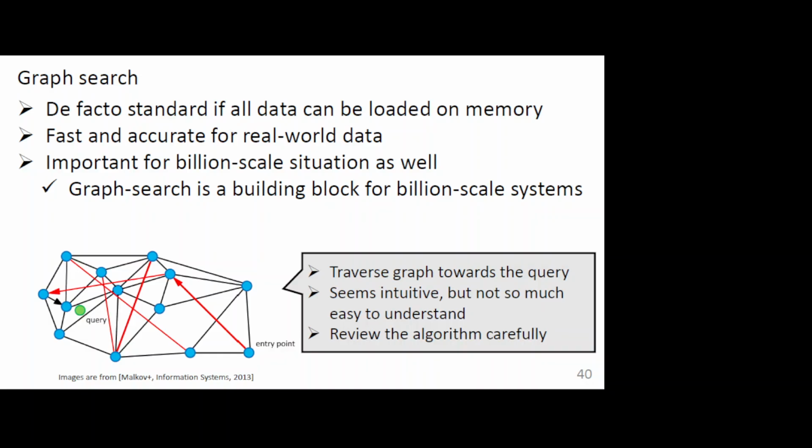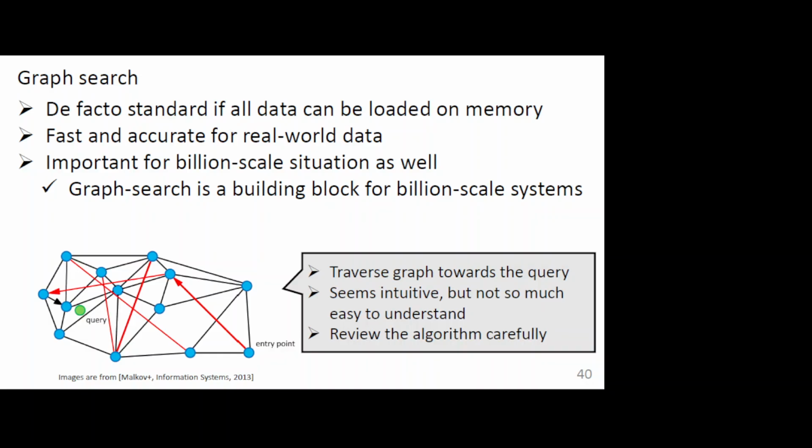But some methods have now been developed that use hardware like SSD, or clustering techniques, or hierarchical clustering, to load billion-scale data into memory. So graph search is still fundamental and can be applied to billion-scale databases.